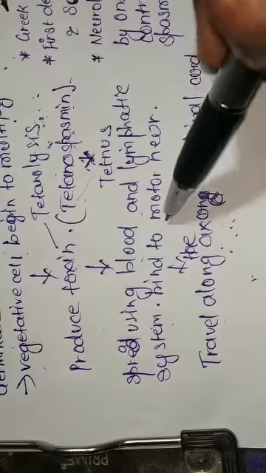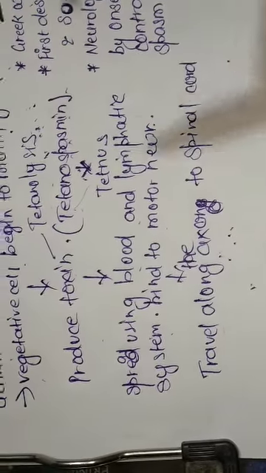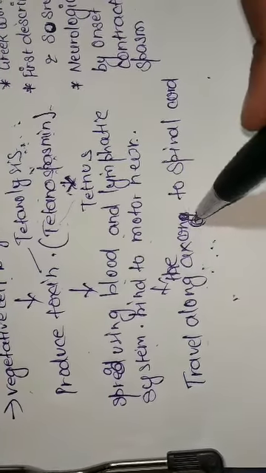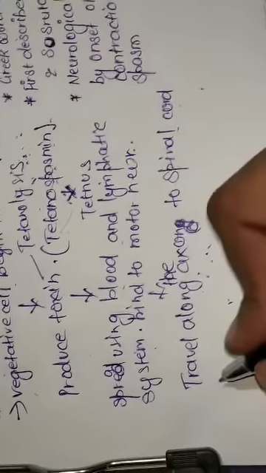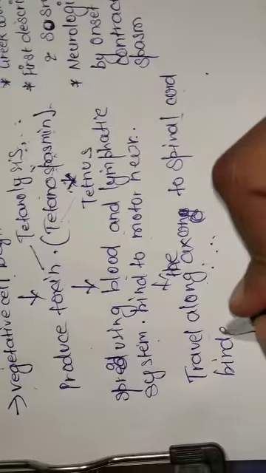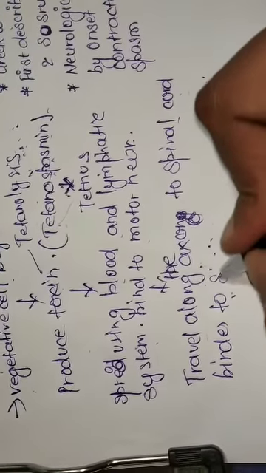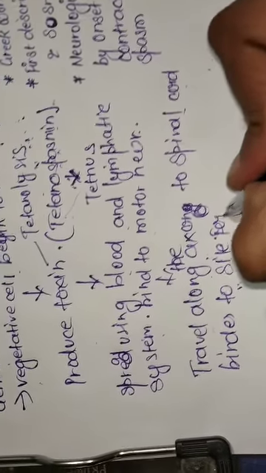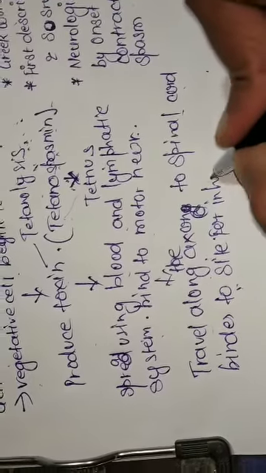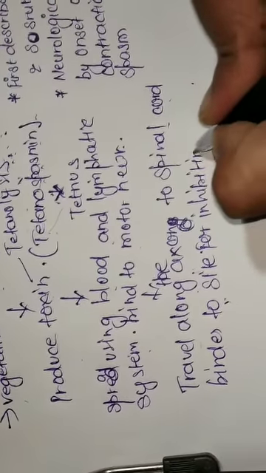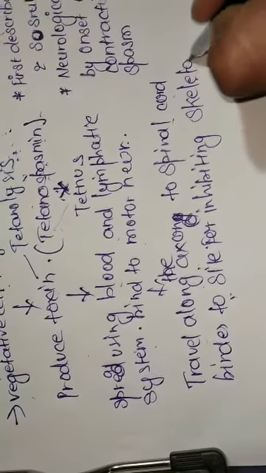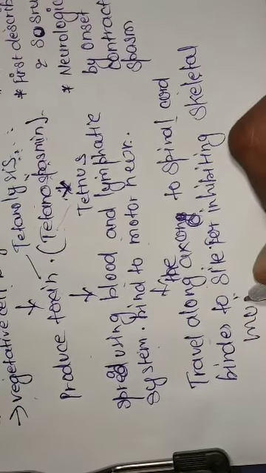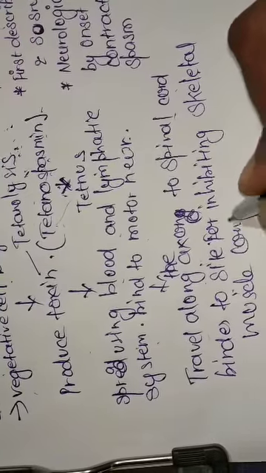That tetanospasmin is spread using the blood and the lymphatic system. Then it binds to the motor neuron. After that, they travel along the axon to the spinal cord and then bind to the site for inhibiting skeletal muscle contraction.